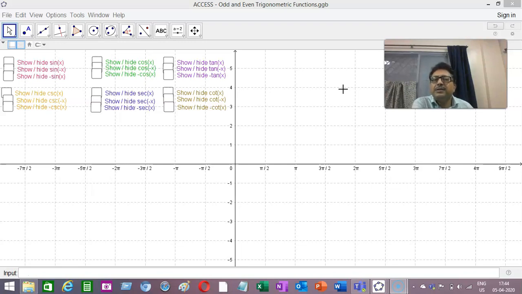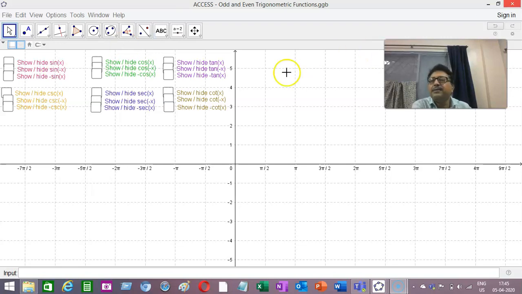Obviously, this video is being made for class 12 students, but class 11 students also will be benefited. They can access some points from here. Here in this diagram, I have taken these folders, one for sine, then for cosine, then for tan, cot, sec, cosec, like this.